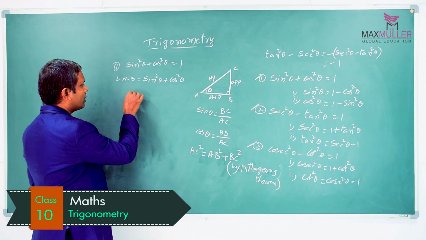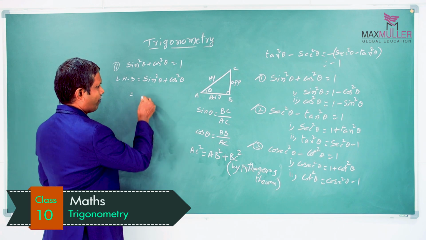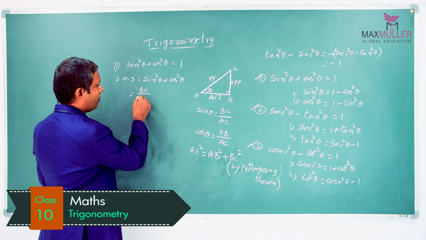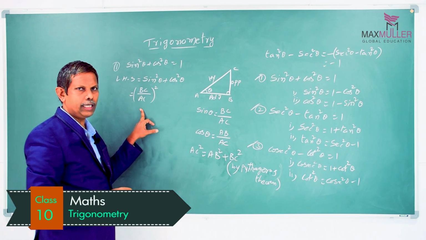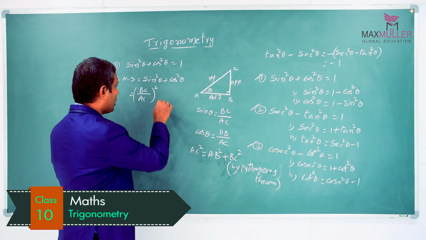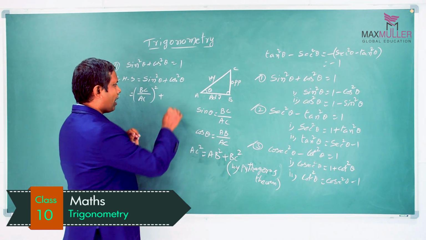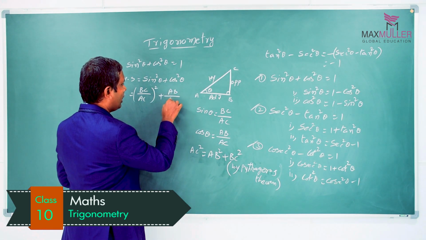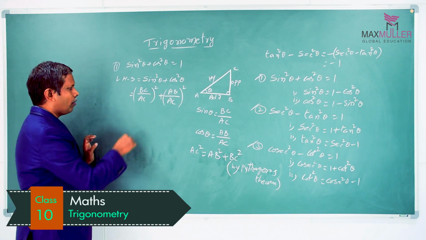So here sin square theta is nothing but the sin theta ratio, BC by AC whole square, plus the ratio of cos, AB by AC whole square.